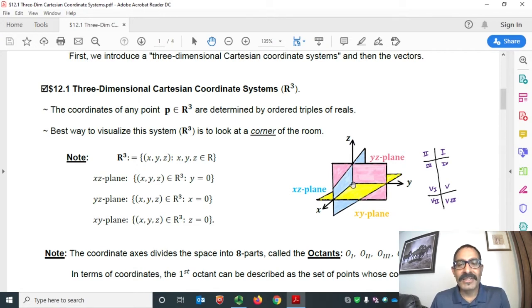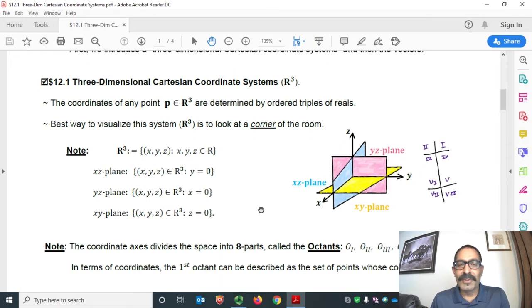I hope this makes sense to you. And on my left side here, R3 is defined as the set of all ordered triples. The xz plane is y equals 0, the yz plane is x equals 0, and the xy plane has equation z equals 0. I hope this makes sense to you all.